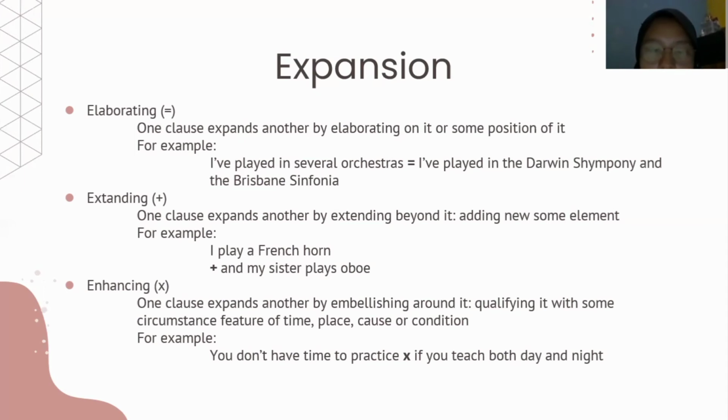This includes circumstantial relationships where the circumstantial information is coded as a new clause rather than within a clause. It is marked with the X sign. For example, you don't have time to practice, X, if you teach both day and night. Next slide, please.